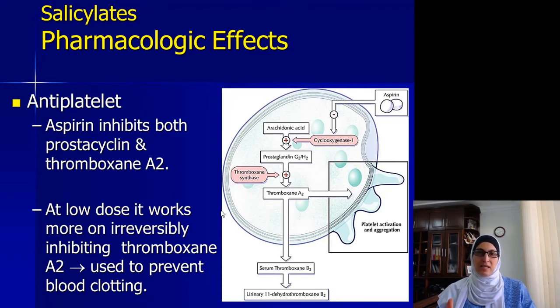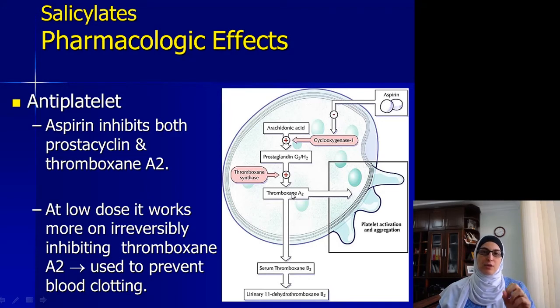However, if taken at low dose, it mainly affects thromboxane in platelets, and this is a feature of aspirin that is not present in other NSAIDs, that it can irreversibly bind with thromboxane and inhibit it and prevent platelet aggregation and vasoconstriction.